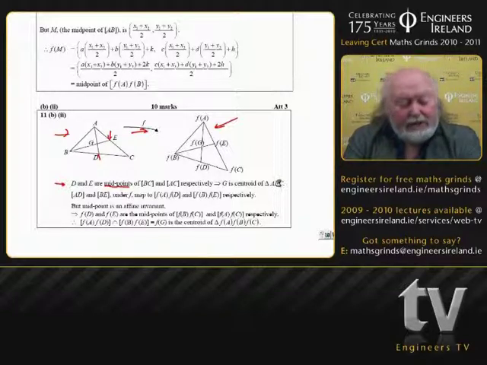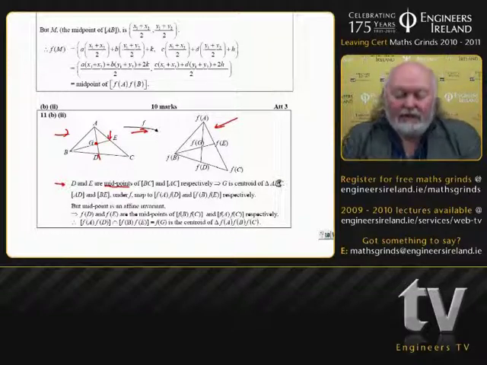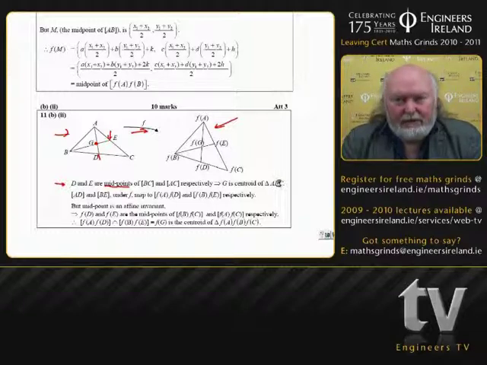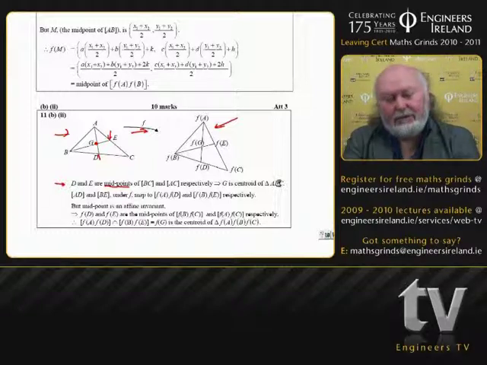Now, for the E point there's a line drawn from B to it, and for the D point there's a line drawn from A to it, and where they cross, that's G there. So the centroid is found by drawing a line from a vertex of a triangle to the center of the opposite side. You need to remember that, because as I said, there's two other types which we're going to come across.